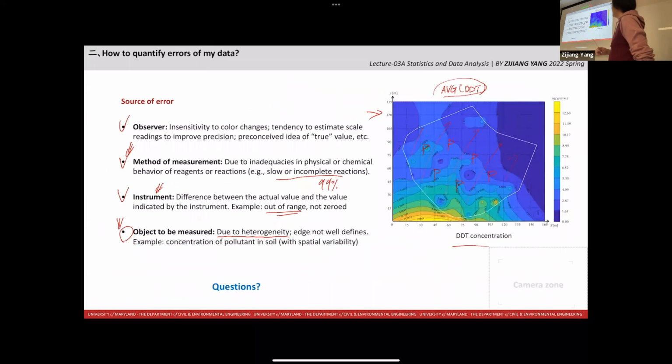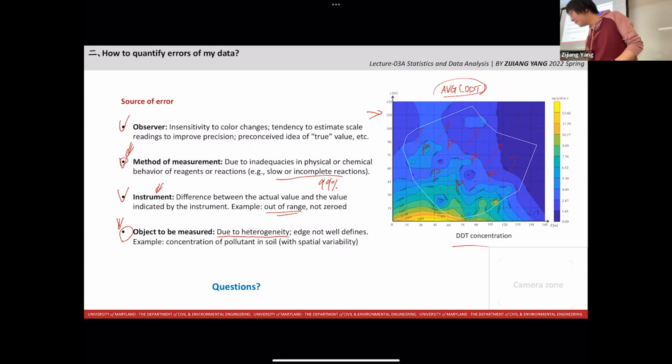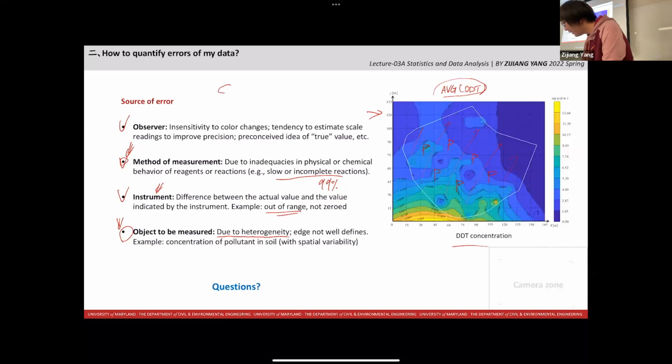So for this one, do you have any questions? Yes. Could you explain how the methods matter? Just an example: we are going to measure the concentration of some chemical in this solution, and we want to measure its color.